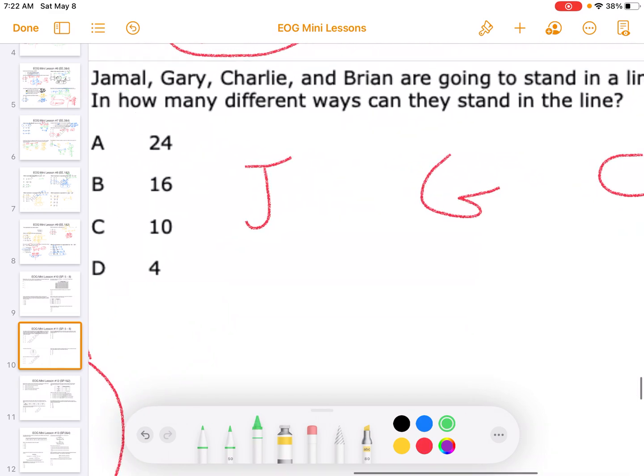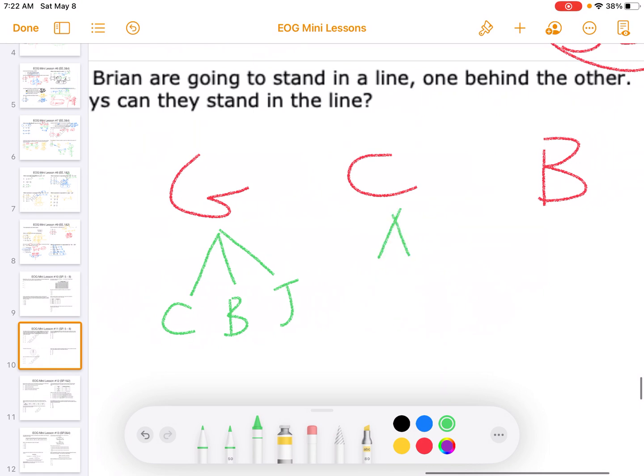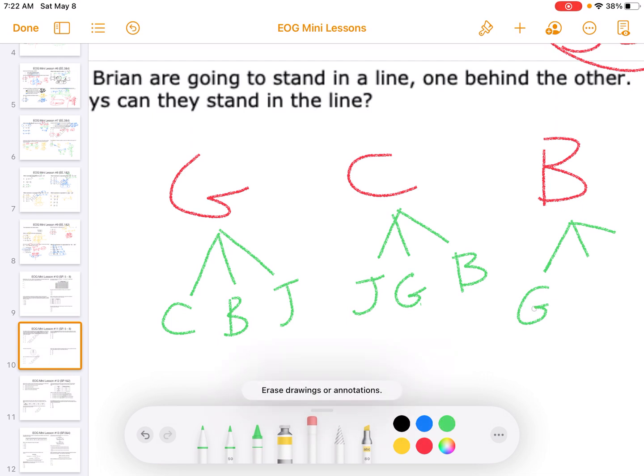So then I could do Gary, Charlie, Brian. I could do Charlie, Brian, Jamal. I could do Jamal, Gary, Brian. And I can do Jamal, Gary, Charlie.